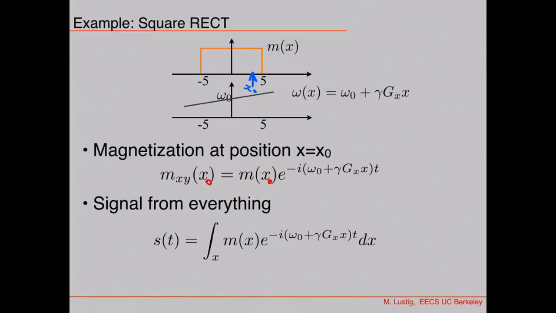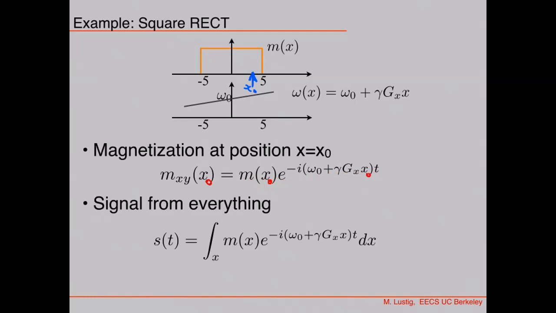When it precesses, it produces a harmonic. I can represent that harmonic as a complex harmonic. We're going to talk about why it is a complex harmonic, but you can also take the real part. So this magnetization is going to precess at a frequency omega0 plus gamma gx times x0. This is the signal that this particular part of the volume is going to emit.